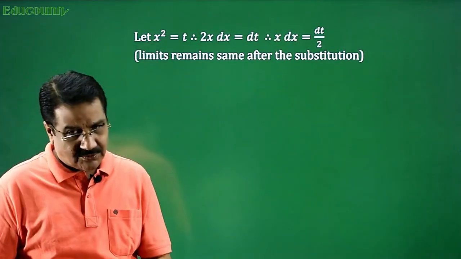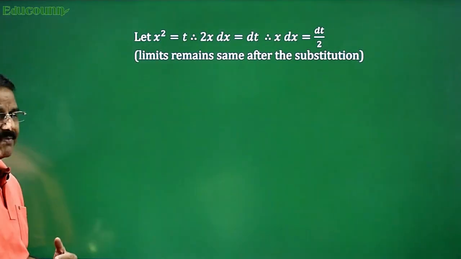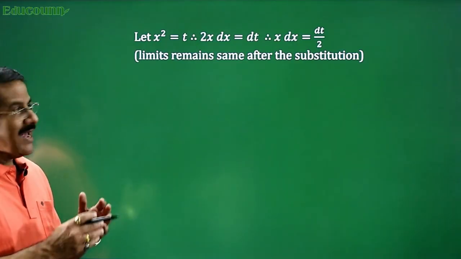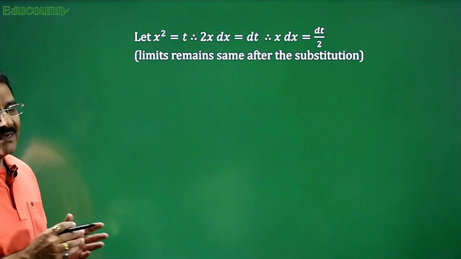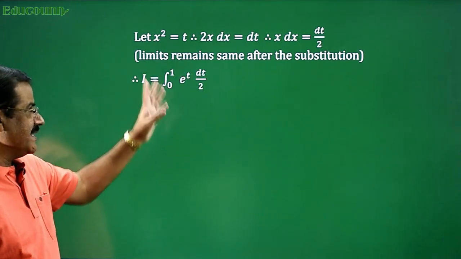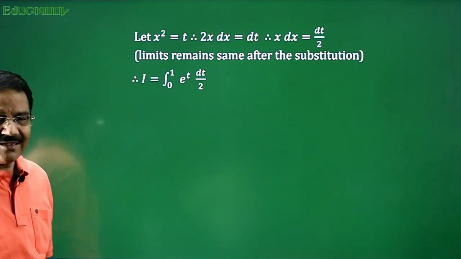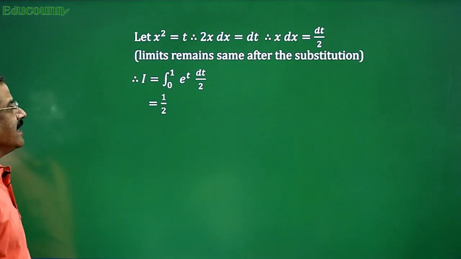Whenever we do the substitution, we always have to see the limits, but for this particular example, limits remain the same even after the substitution. At x equal to 0, t equal to 0, at x equal to 1, t also equal to 1. So values of limits are the same, and then e raised to x square becomes e raised to t, and x dx will get replaced by dt by 2.